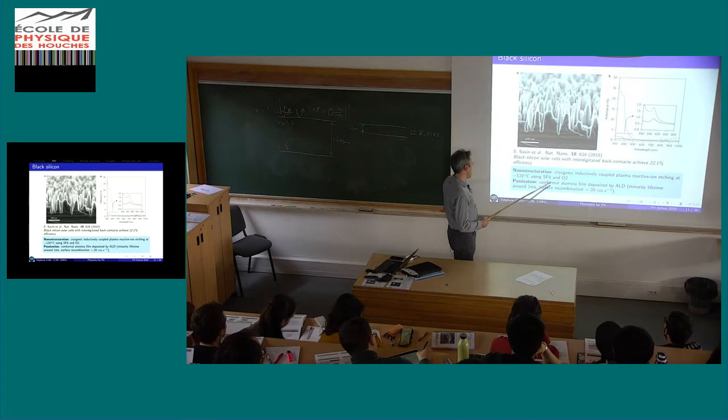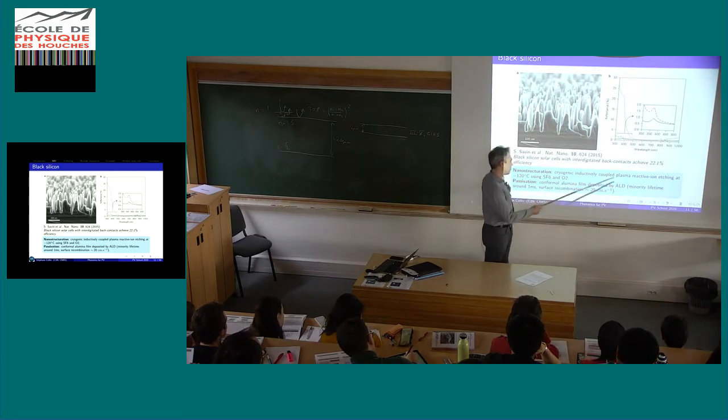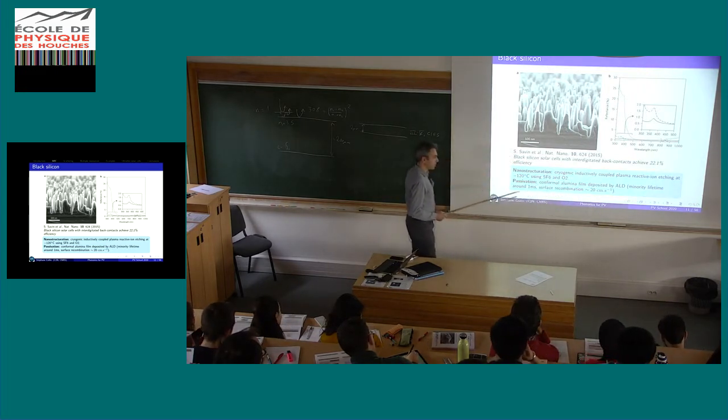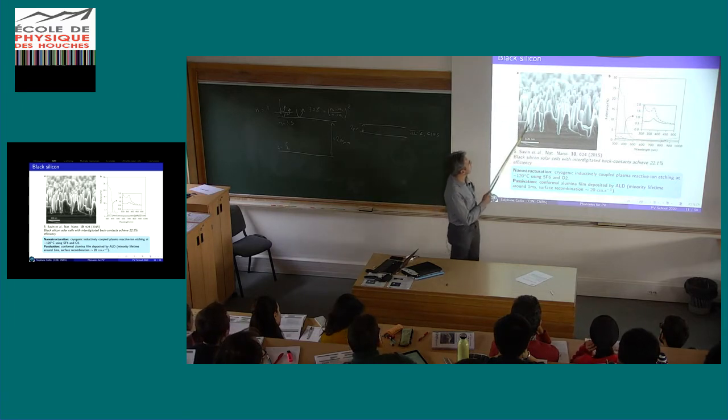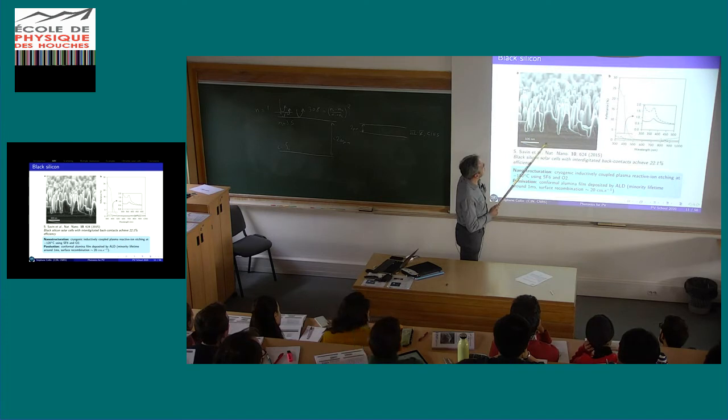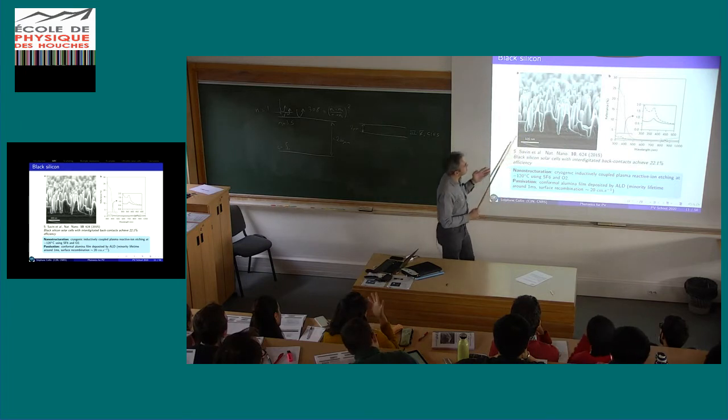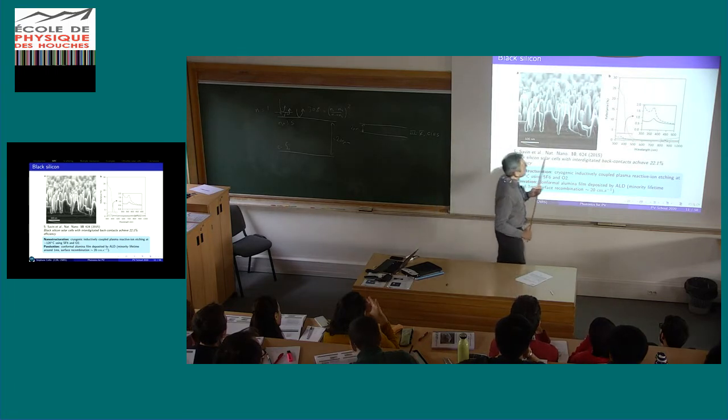It's etched by a technique based on reactive ionic etching at low temperature, and they end up with these features, which act, so it's not perfectly homogeneous, but it acts as a graded refractive index, so that light never sees a high contrast of the refractive index.